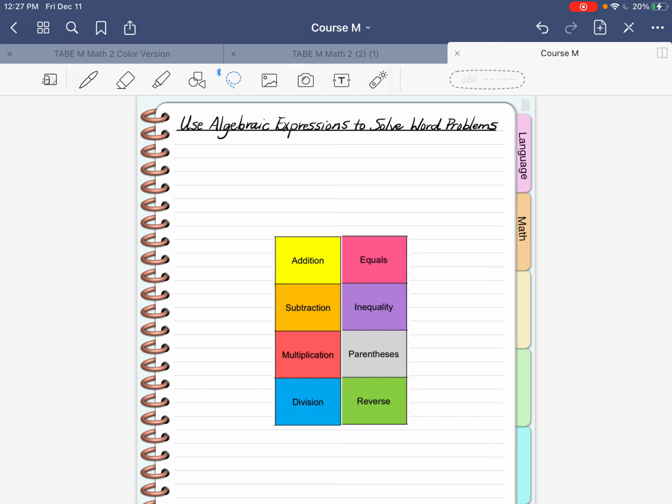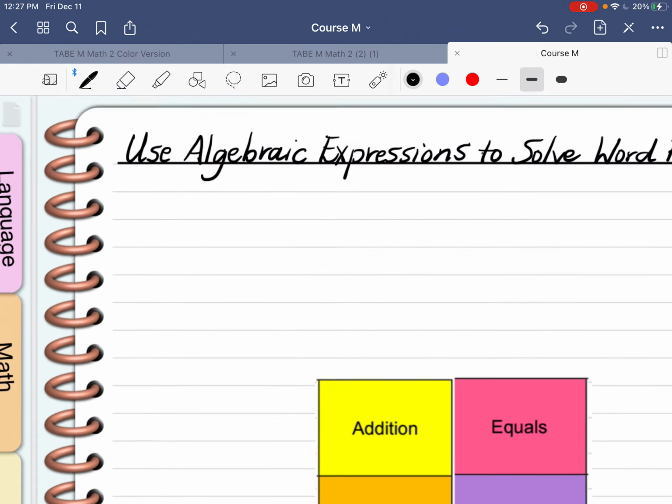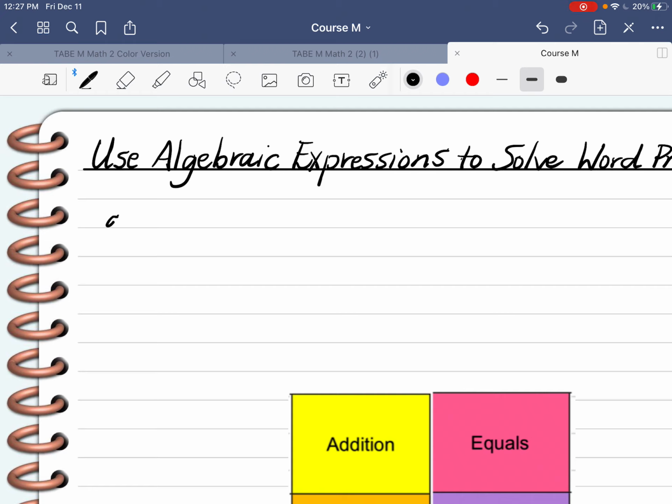Now I can't open the addition door, so I think I'm just going to write them off to the side. But again, you will open up the doors and write these inside there. So the addition words, I'll just put them up here. Sometimes the problem will have the word addition, so that in itself is one of them.